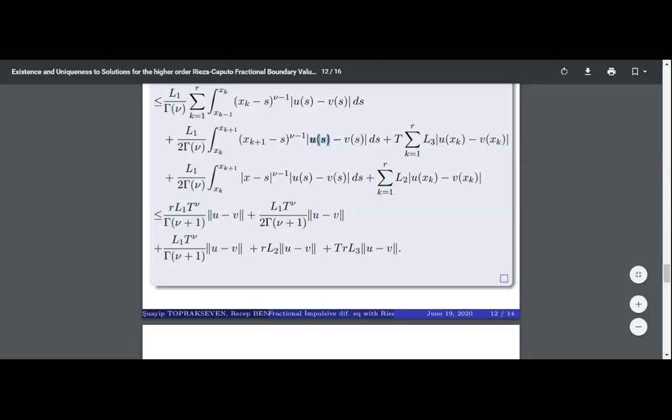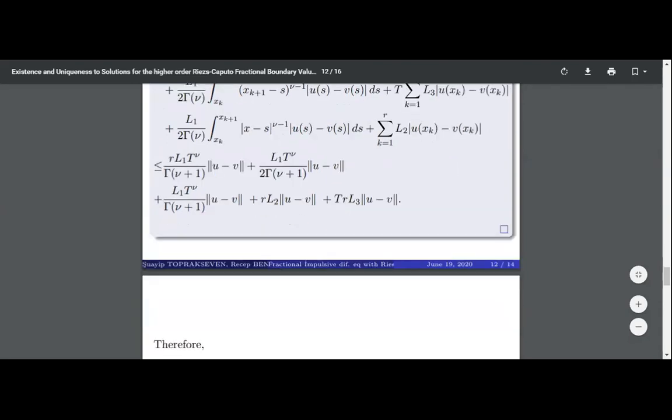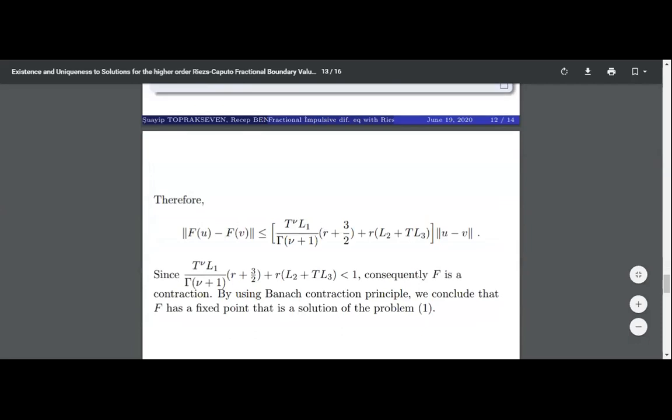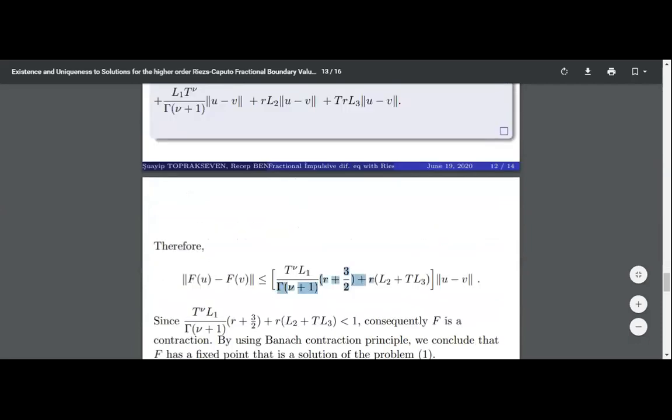We take out this part, and just computing this integral gives this quantity. Therefore we conclude this part.